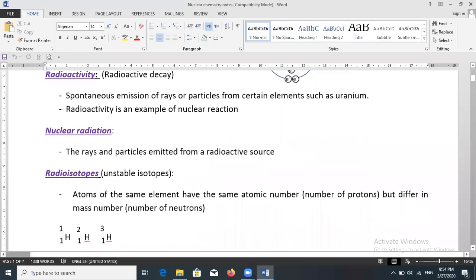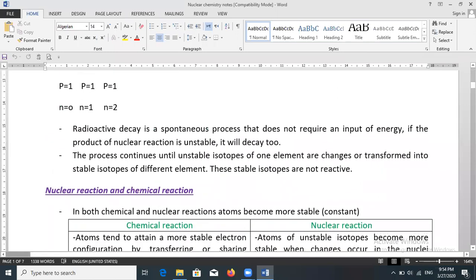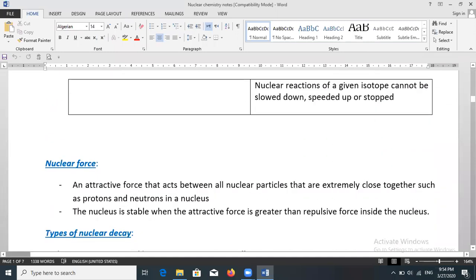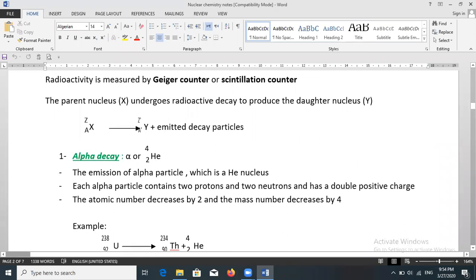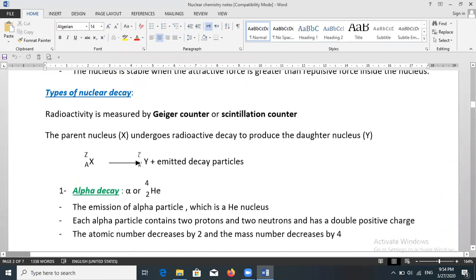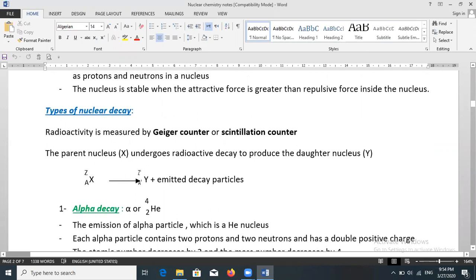Okay, in the first lesson, we were talking about radioactive elements. As I explained in the first lesson, radioactive elements are atoms having a high number of protons.